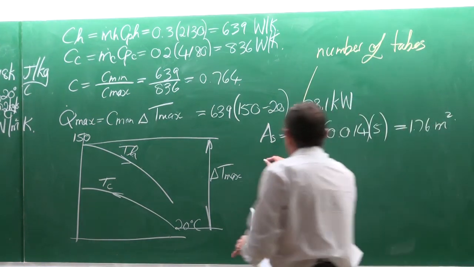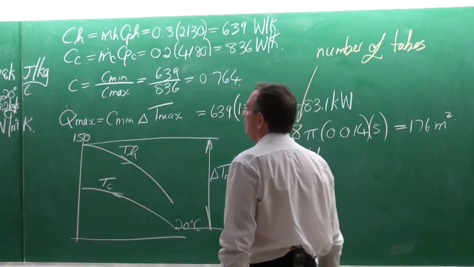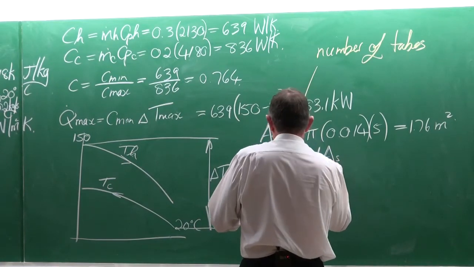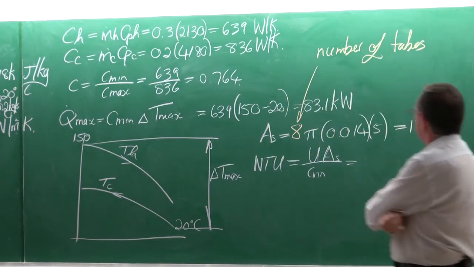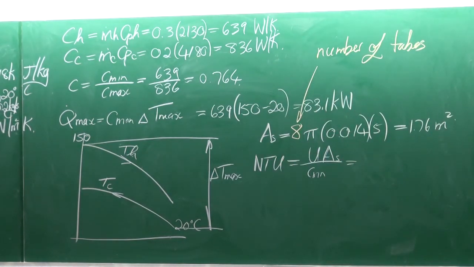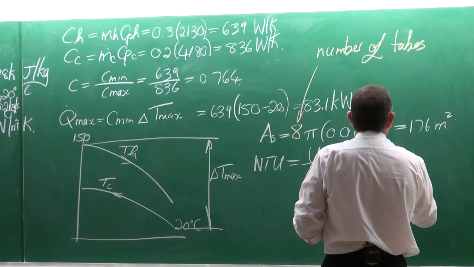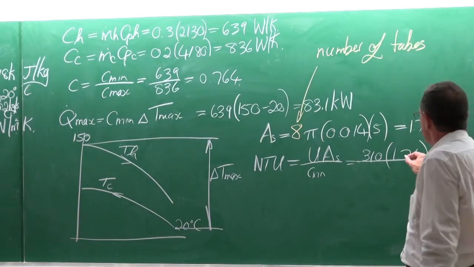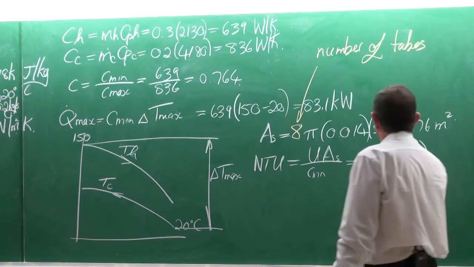We need this because we can then use it to calculate the NTU, which is equal to the overall heat transfer coefficient multiplied by the surface area divided by C minimum. The overall heat transfer coefficient is equal to 310 multiplied by the surface area 1.76 divided by C minimum, and C minimum is equal to 639.